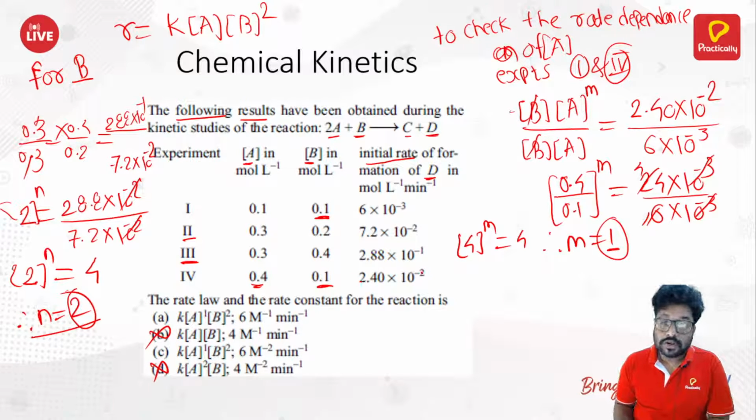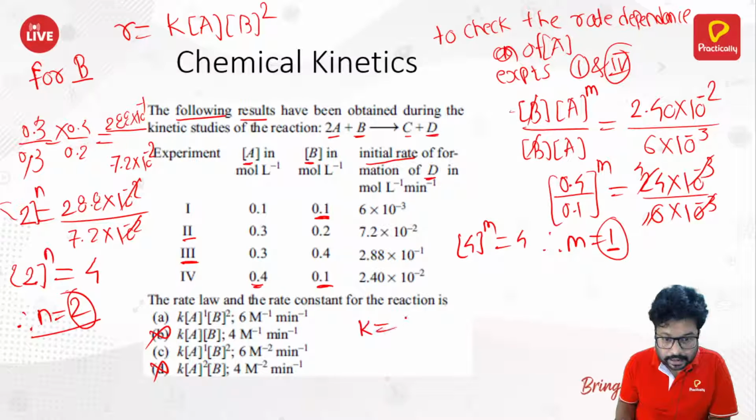Now to check the value of the rate constant, they are asking for the rate constant here. How can we calculate it now? The rate constant K is equal to rate divided by the concentration of A times B square. So what is rate?